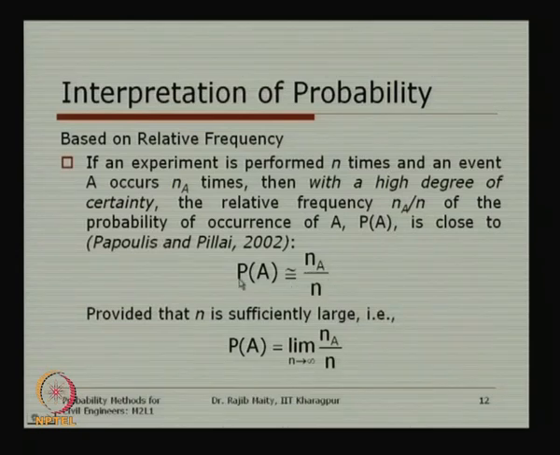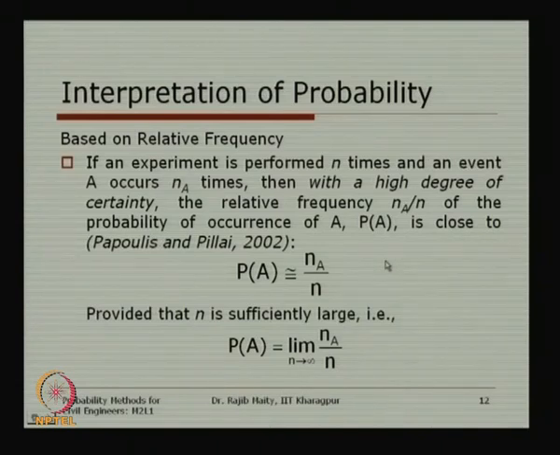So the probability of occurrence of A is the ratio Na by n. Here Na is nothing but the number of successes, and n is the total number of trials.